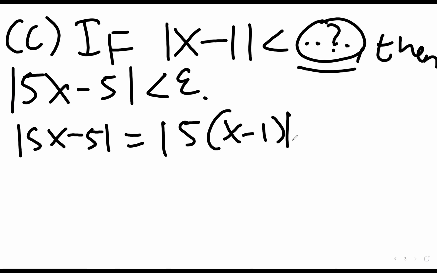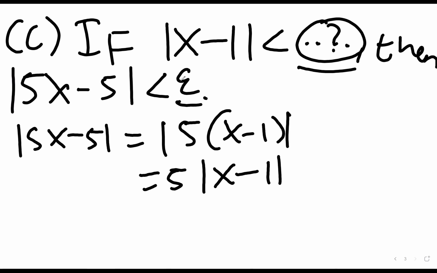Okay, and then of course I can write this as 5 multiplied by the absolute value of x minus 1. Now I will have this unknown variable, and I want this to be 5 epsilon. This one becomes epsilon.